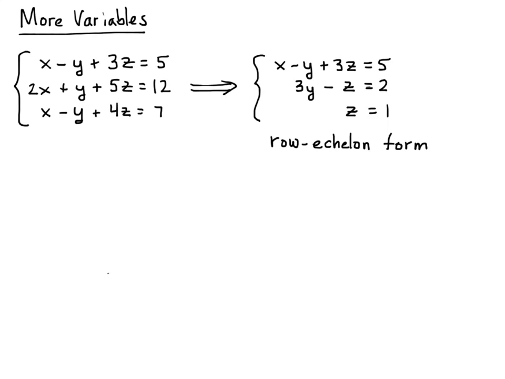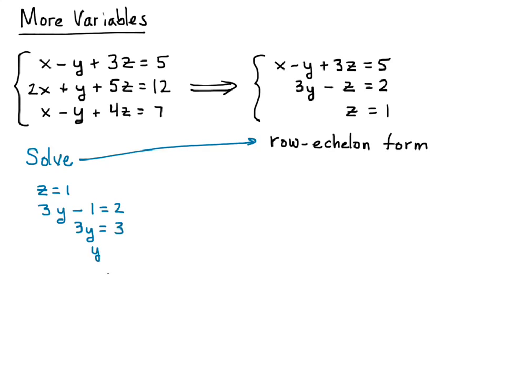Once you're at row echelon form, we're going to figure out what the rest of the variables are. After I do that, I'll go back and show how we get from the general form into this row echelon form. But let's look at this the way it is. I'm going to solve this first by noting that z equals 1, and then putting z by substitution in the second equation.